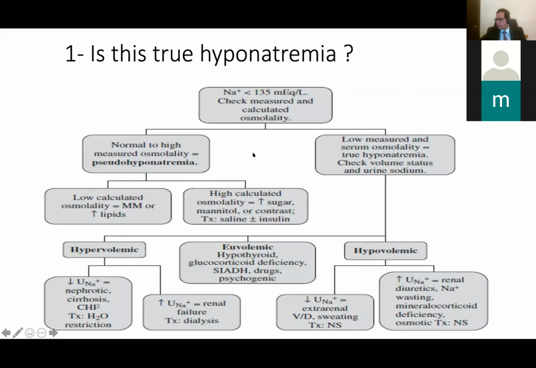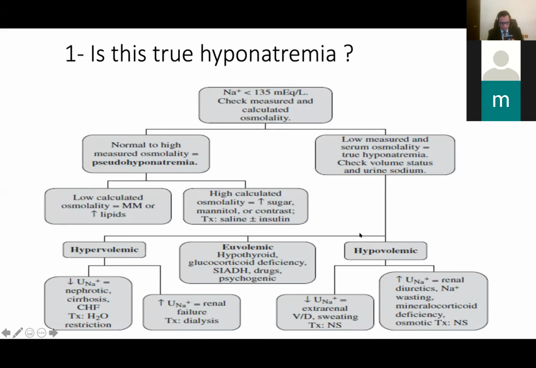So this part of hyponatremia is not the true hyponatremia that needs intervention and correction of sodium, but rather correction of the underlying cause. And here we go to the true hyponatremia that we should worry about, when the serum osmolarity is low. This is hypoosmolar hyponatremia.